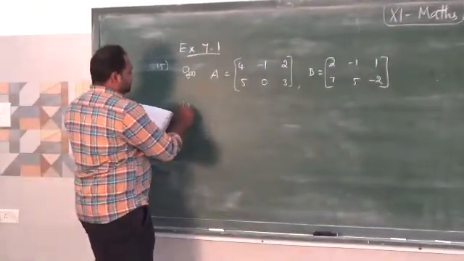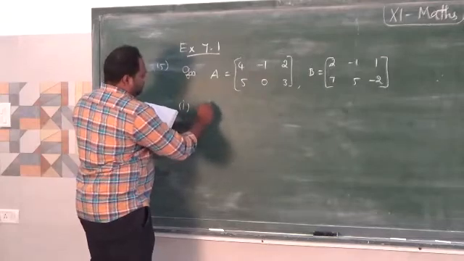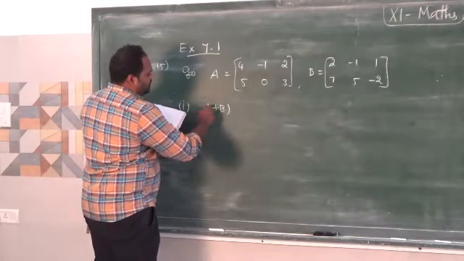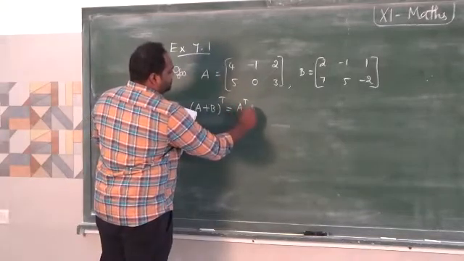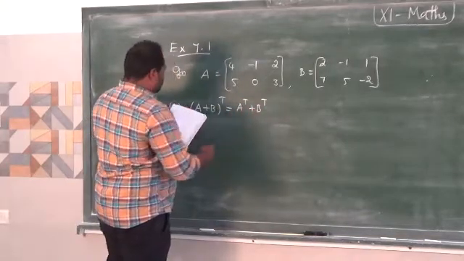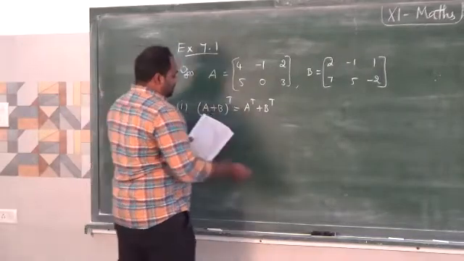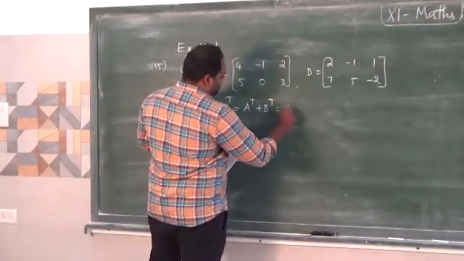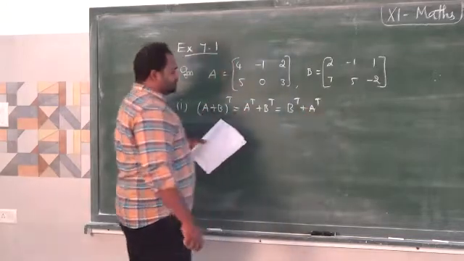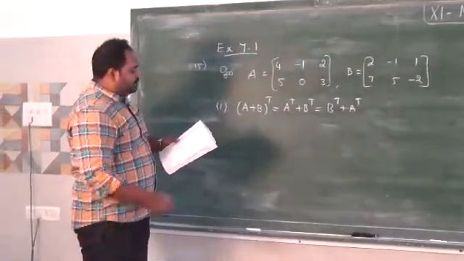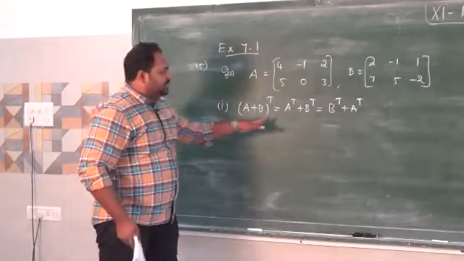Now the first question is (A plus B) transpose equal to A transpose plus B transpose, which also equals B transpose plus A transpose. So here I am about to verify this statement.